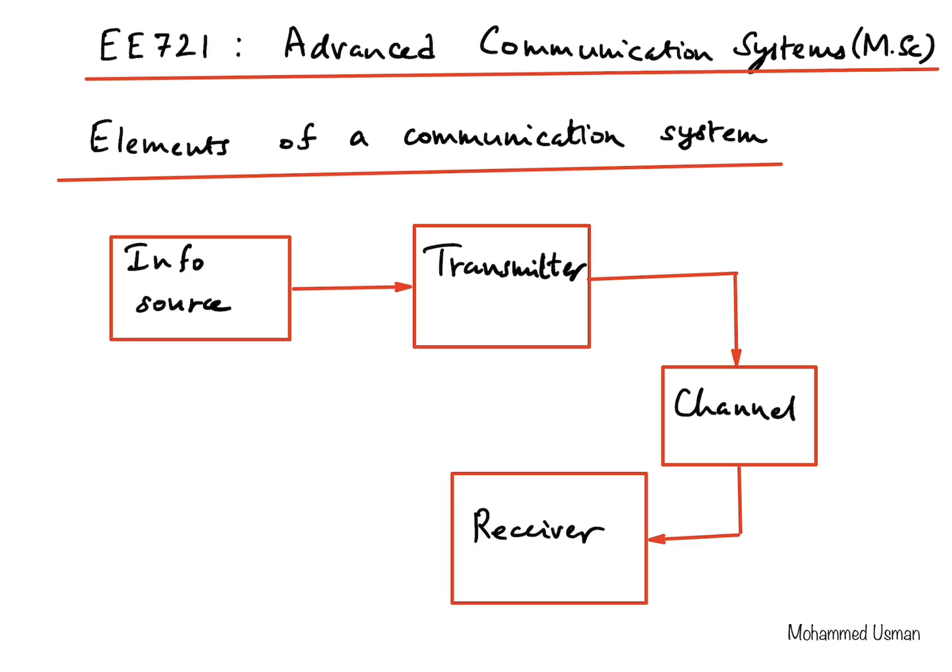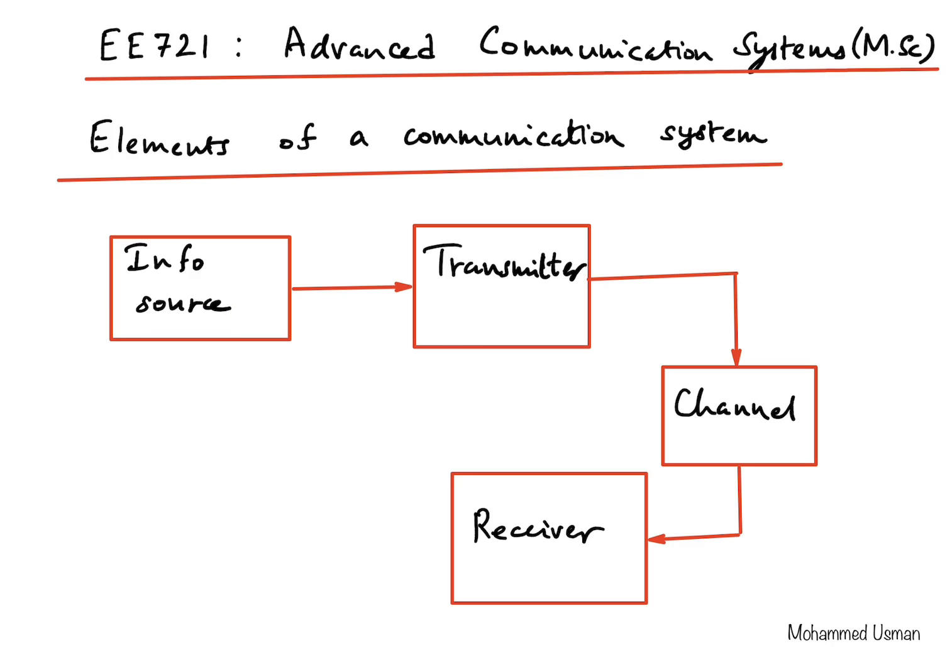And then the signal that the receiver receives has to be decoded or converted back into a form that is useful for us. For example, if the information source was a source of sound, then that sound would be converted into an electrical signal by the use of some transducer, like a microphone.